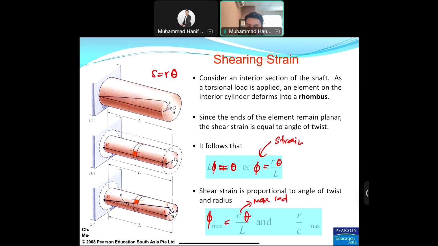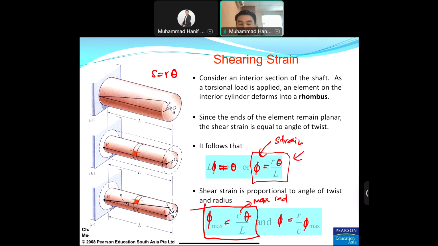It can be written as phi equal to r over c times phi maximum. So this formula you have to remember, where sometimes we ask what is the maximum shearing strain for the torsional load. It is not necessary to remember only the maximum; you can remember the general equation as I highlighted here.